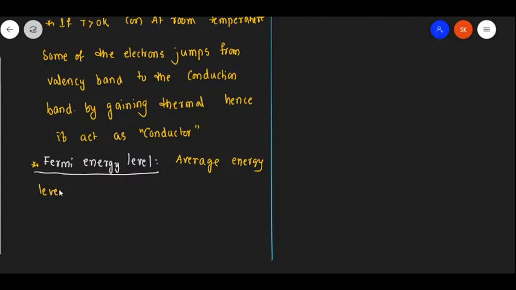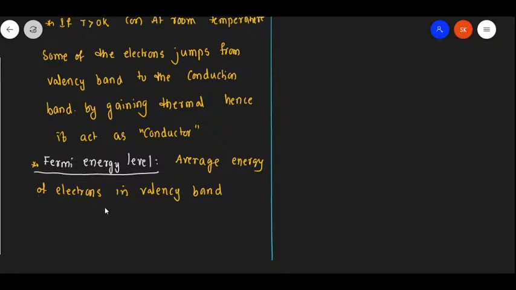It is the average energy of electrons in the valency band.